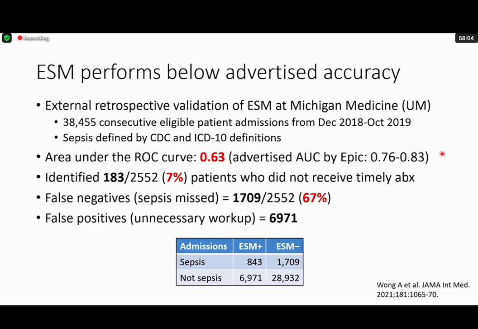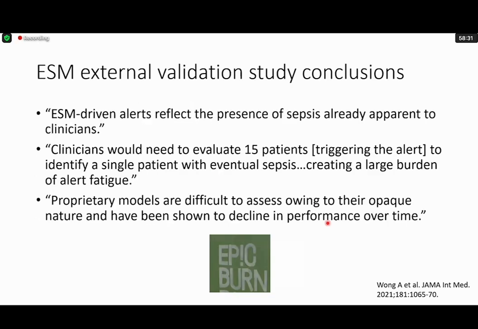So it says when you put this into the real world, it doesn't work as well as what Epic says it should in an ideal world. But when you look at the details, it gets much worse. So it identified very few patients who weren't already on antibiotics. It missed a lot of patients that should have been identified, and it found a lot of false positives, which would have caused unnecessary workup.